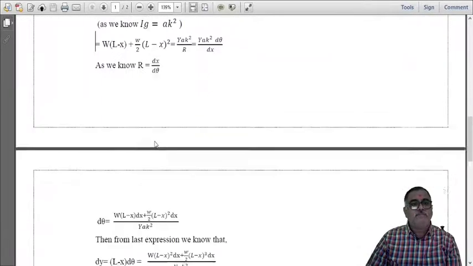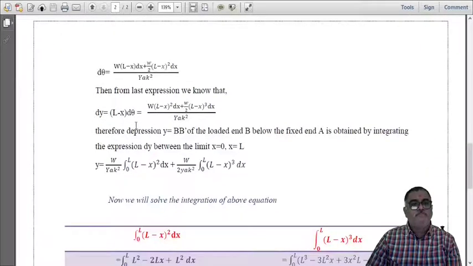in this way, see now, L minus x is as it is, but L minus x and L minus x will be squared, and W as it is into dx, plus w by 2 in bracket this L minus x and L minus x square is nothing but L minus x cube into dx, divided by Y a k square.